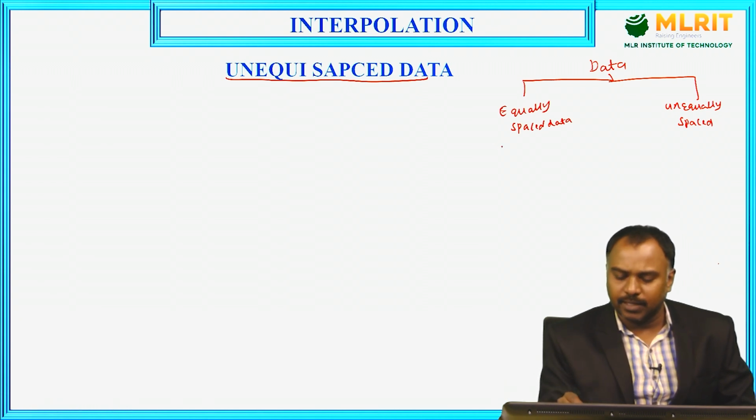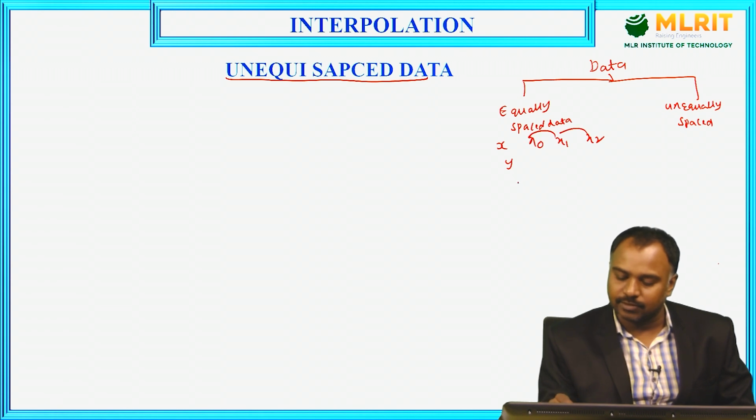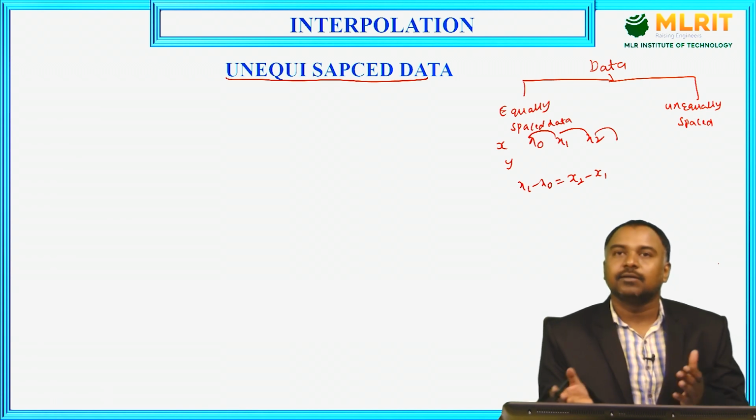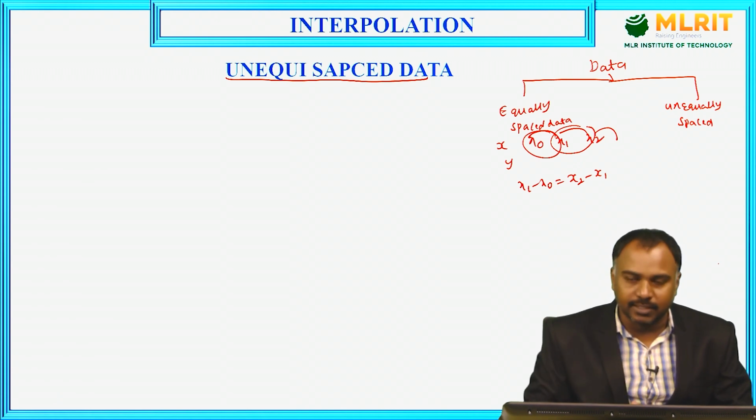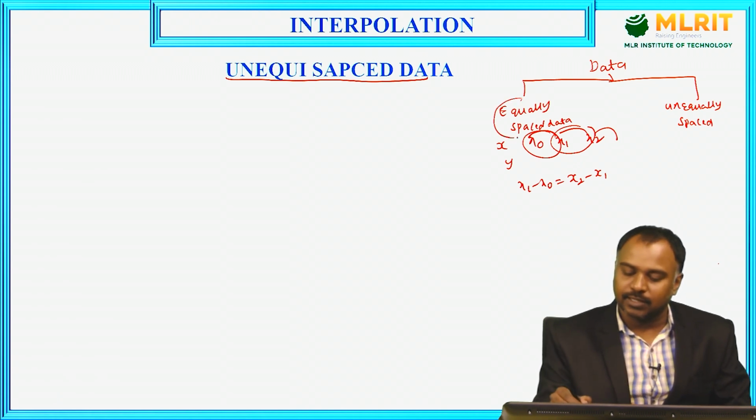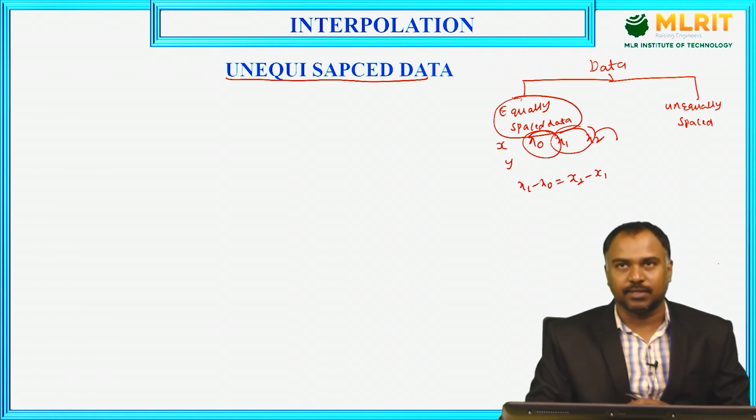Simply, if the provided x values have the same difference between successive values, that is, x1 minus x0 is the same as x2 minus x1, and x3 minus x2 is the same, so all successive x values are equally distributed, then we say that the data is equally spaced data.